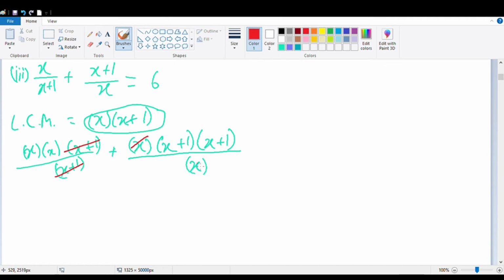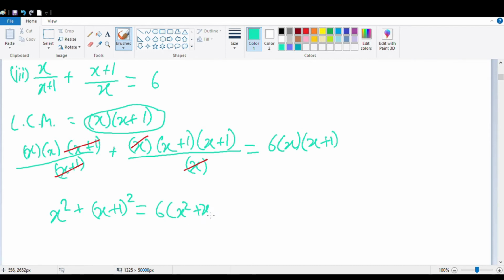So x and x cut out is equal to 6 into x plus 1. So we get x squared plus x plus 1 whole squared is equal to 6 into x squared plus x.